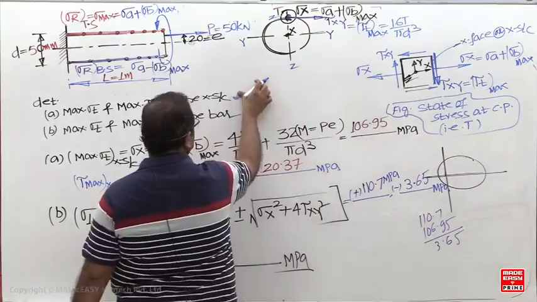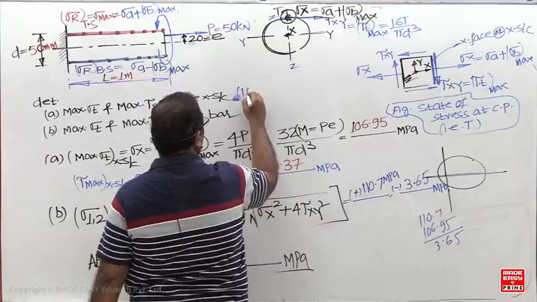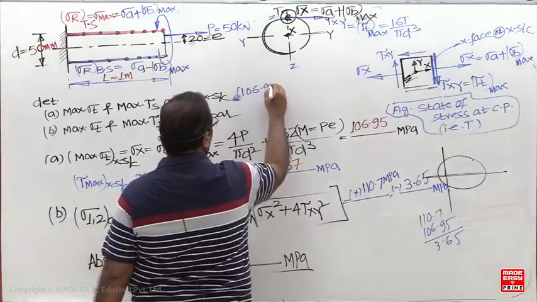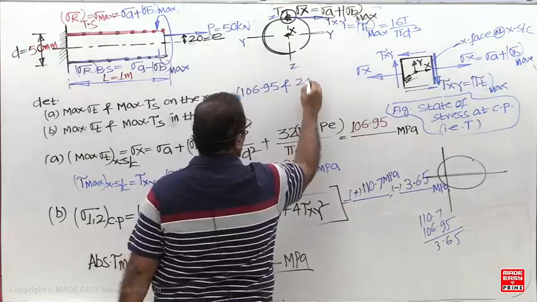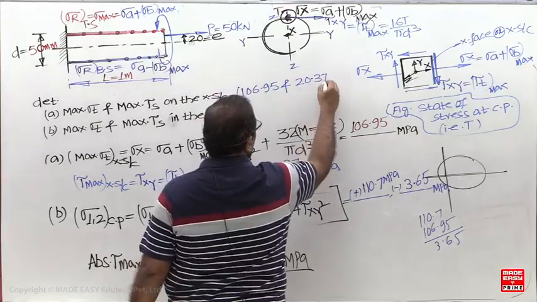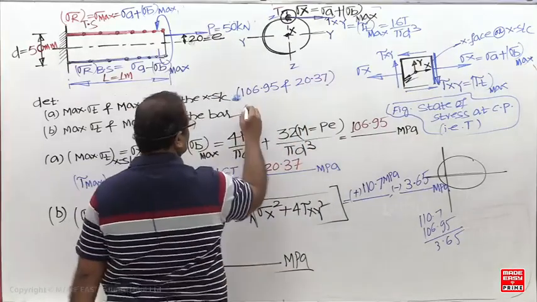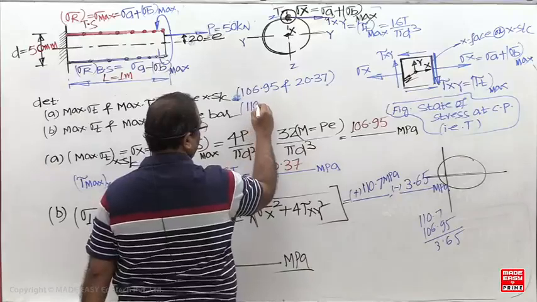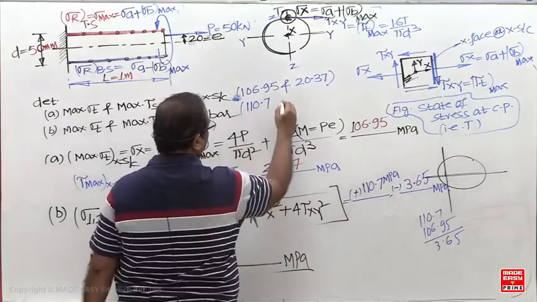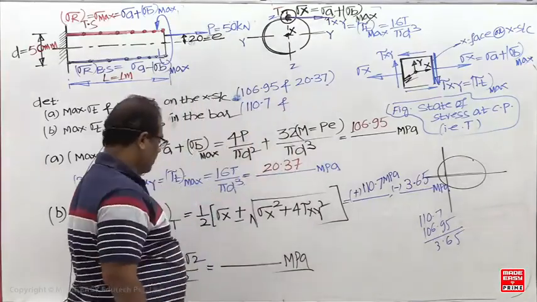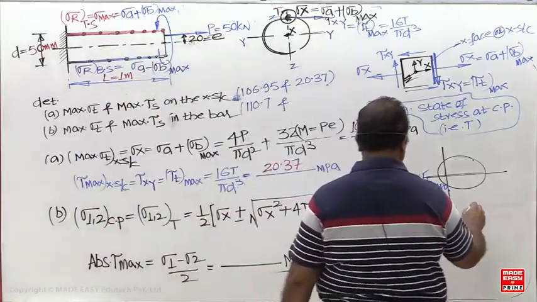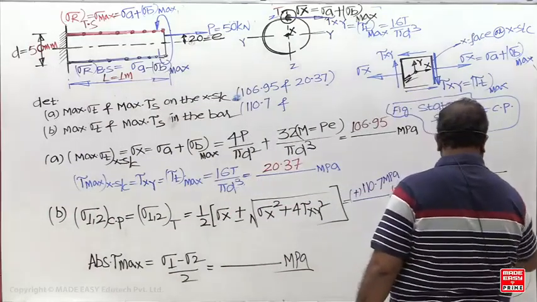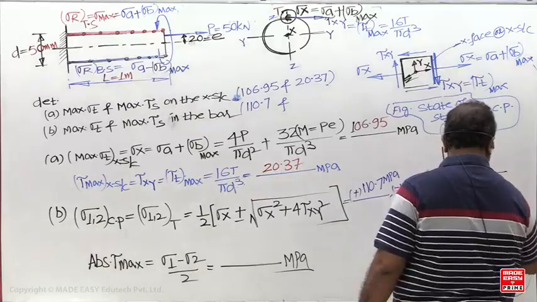First question answer is this, and the second question answer is: I have to go for the unlike, what is this? 110.7 plus 3.65.